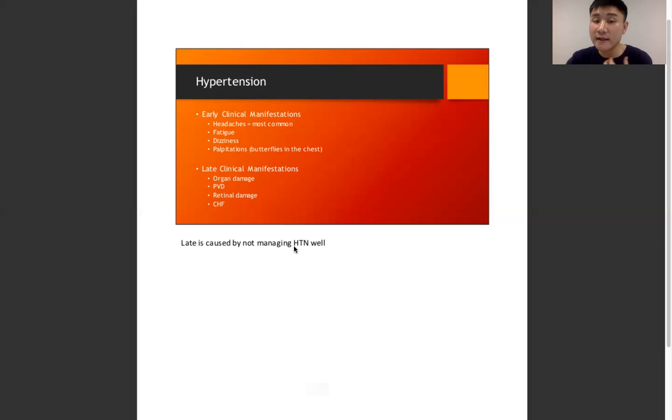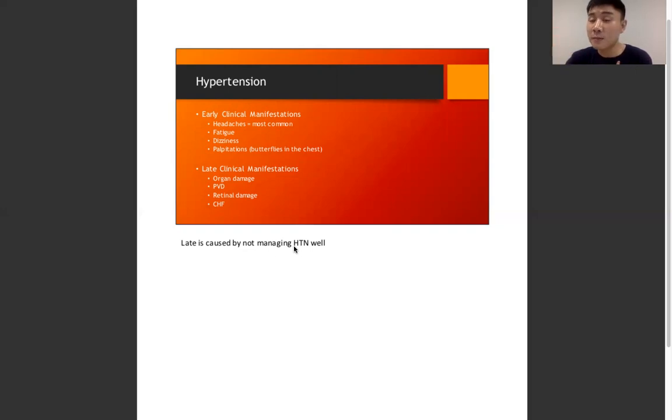Then we have late clinical manifestations, which include organ damage, because over time high blood pressure reduces the perfusion to the organs. And when the organs are not receiving enough blood or oxygen, they start to deteriorate and not function as well as they're supposed to.